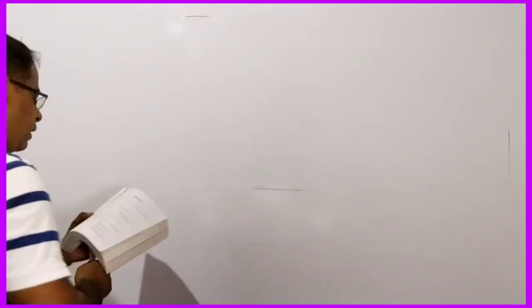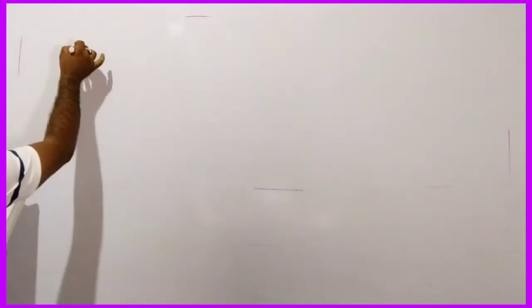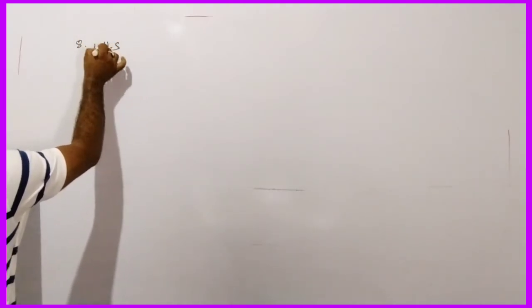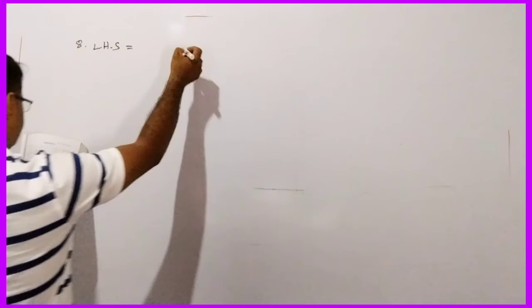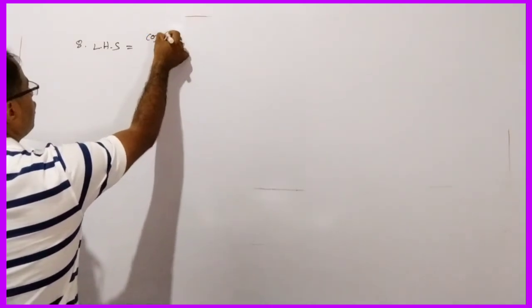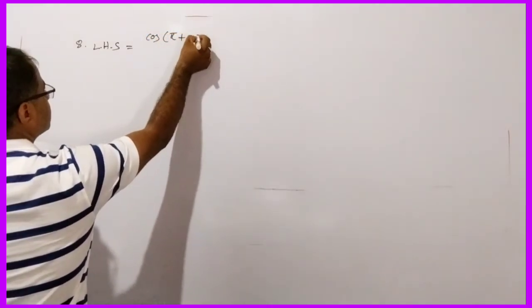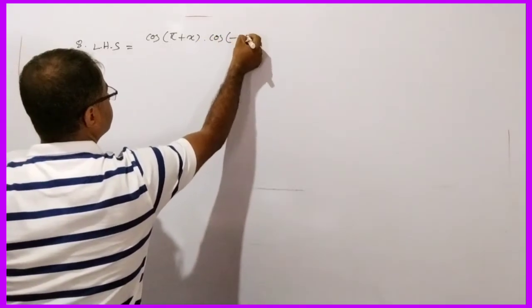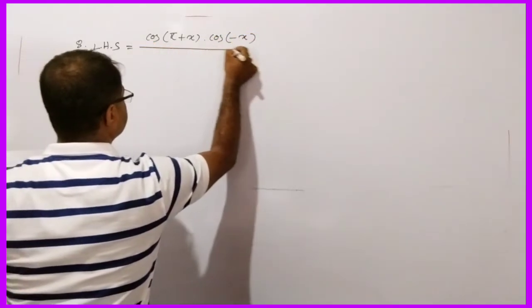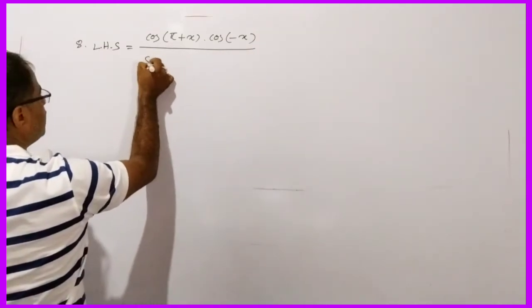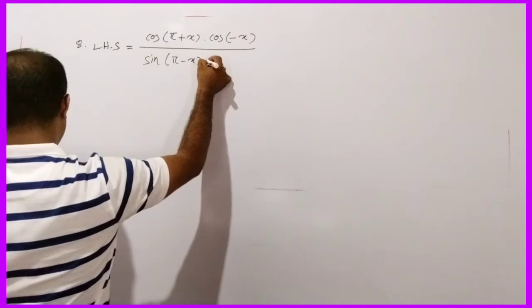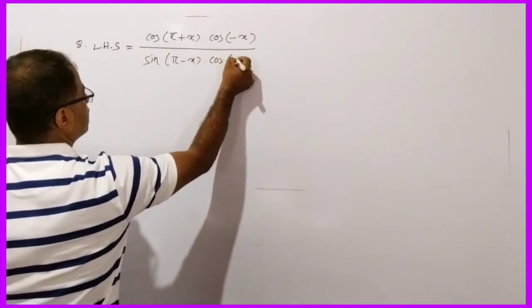So in question number 8, the left hand side is cos of pi plus x into cos of minus x divided by sine of pi minus x into cos of pi by 2 plus x.